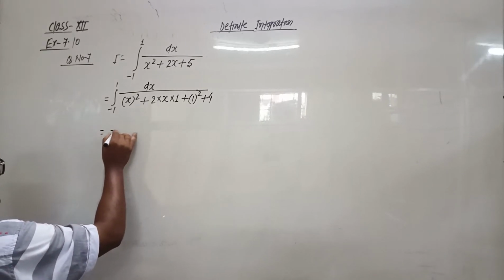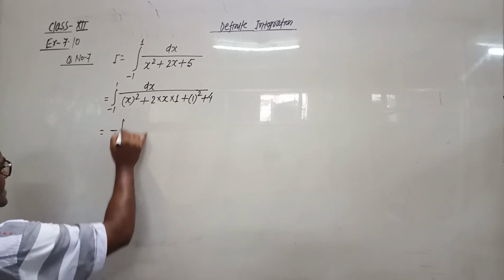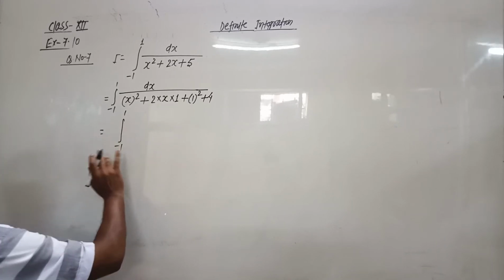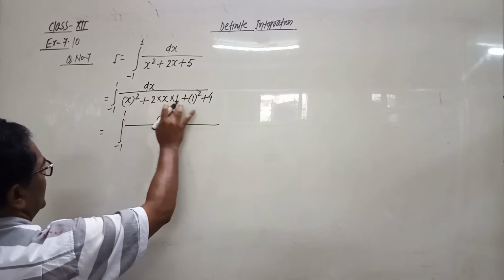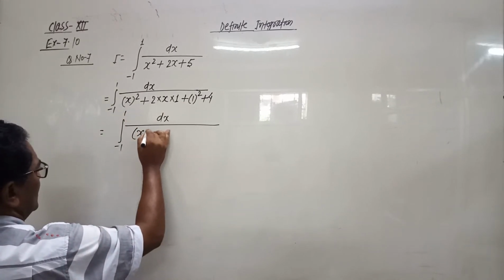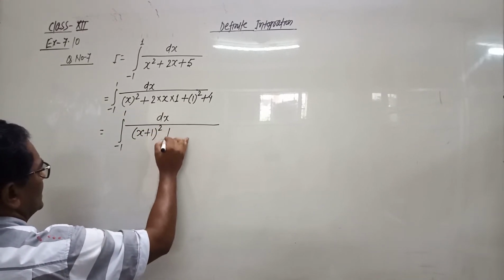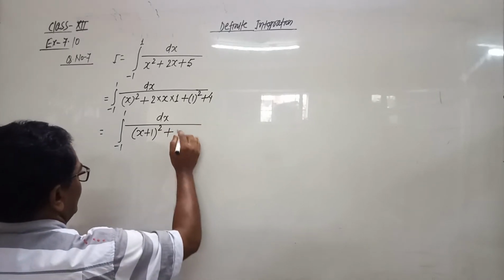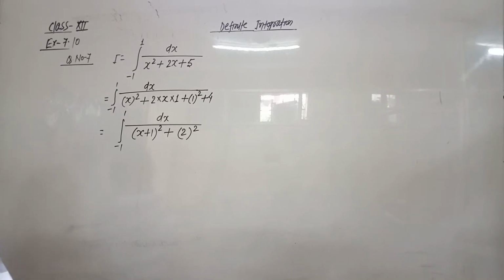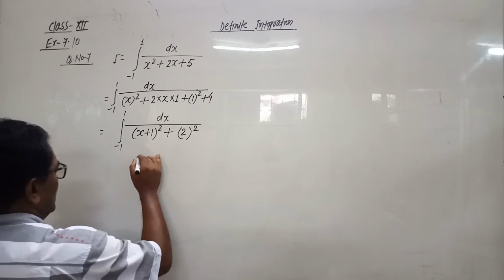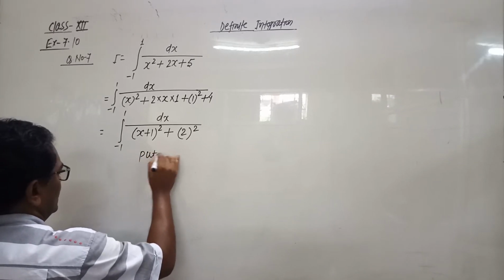Now this expression becomes integration from -1 to 1 dx upon, the first 3 terms can be written as x plus 1 the whole square, and this 4 can be written as 2 the whole square. Now this is the form dx upon x square plus a square, and in such a form we will have to put x plus 1 equals to t.